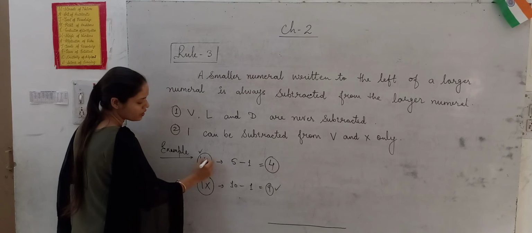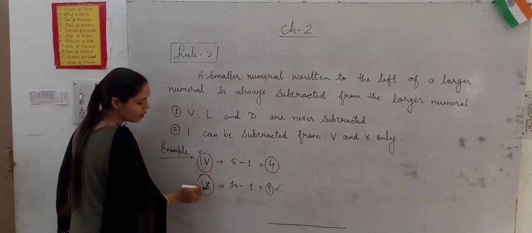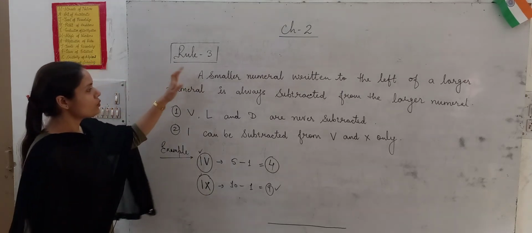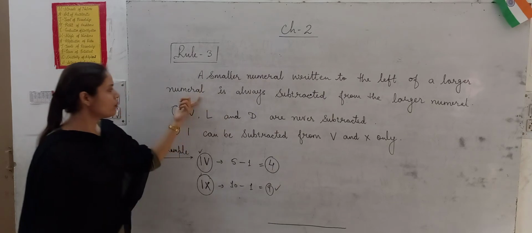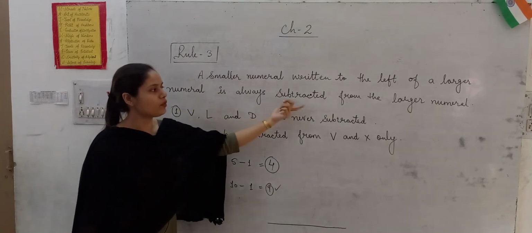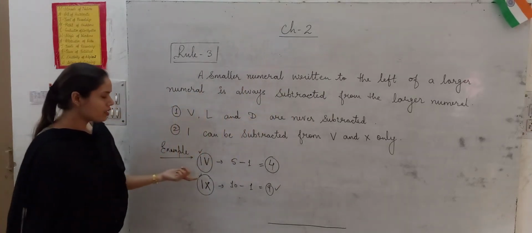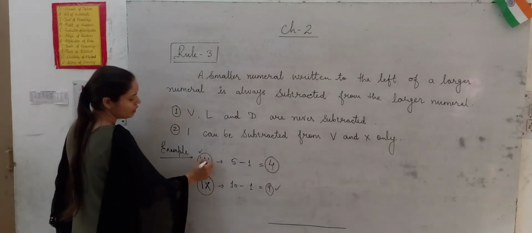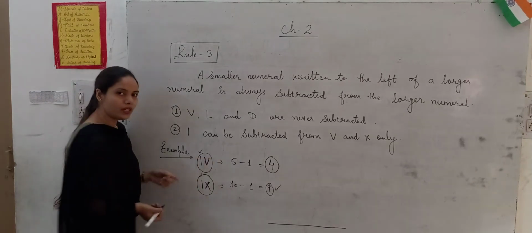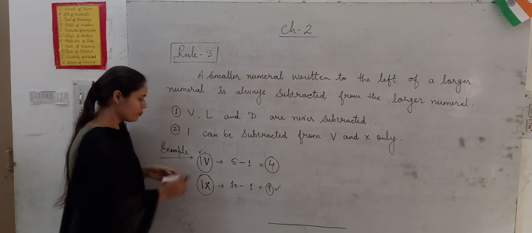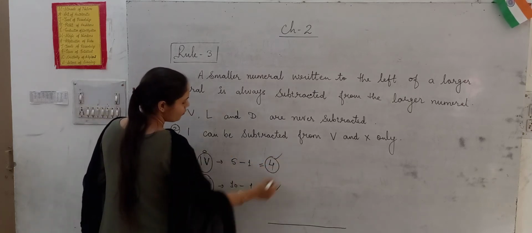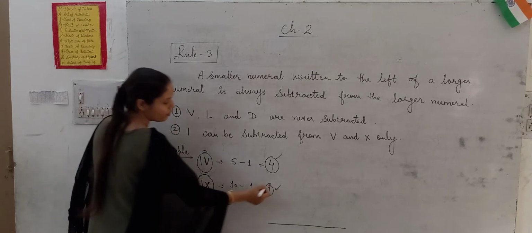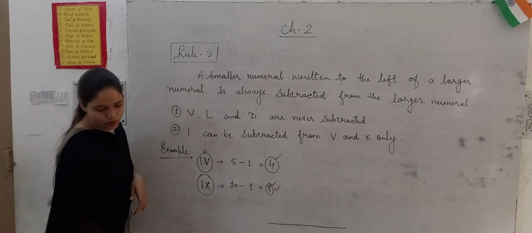V is larger than I and X is larger than I. So, that's why rule number 3 is: a smaller numeral written to the left of a larger numeral is always subtracted from the larger numeral. Clear? I and V will be read as 4 and I and X as 9 in counting.